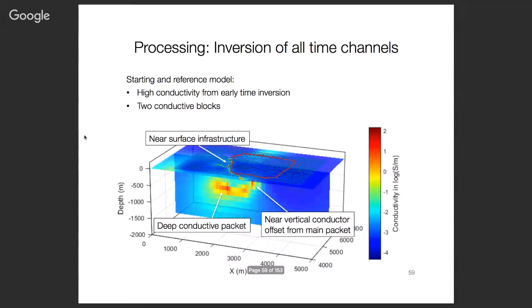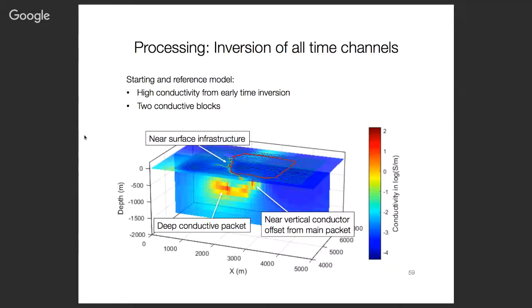So now we take that previous model as well as the blocks. We've got high conductivities in here, we've got our warm start blocks there, and now we invert everything. And now when we do that, all of those other artifacts around here are gone.